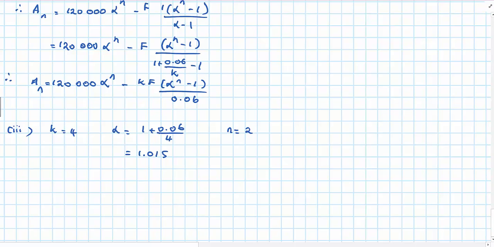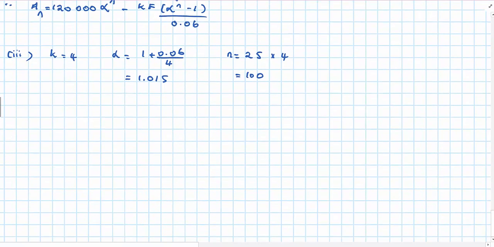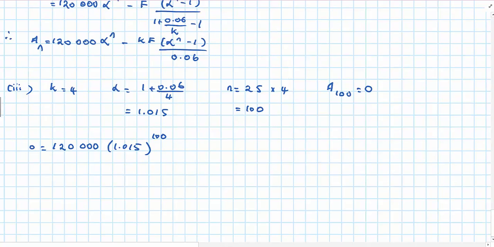n is going to be 25 times 4, which is 100. And also of course we have to remember A_100 is equal to 0. So 0 equals 120,000 times 1.015 to the power of 100, minus, let's put the repayment out, k, which is 4, 1.015 to the power of 100 minus 1 all over 0.06.